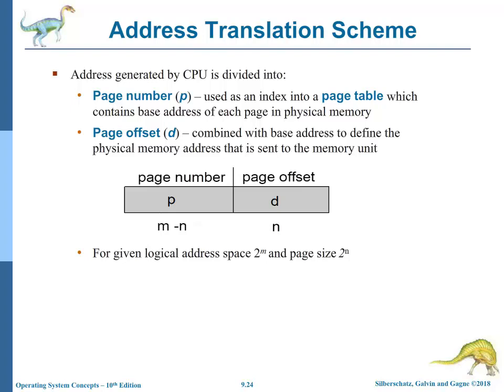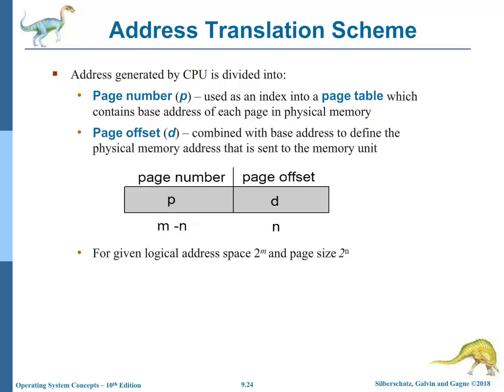A logical address consists of two parts: a page number in which the address resides, and an offset from the beginning of that page. The number of bits in the page number limits how many pages a single process can address. The number of bits in the offset determines the maximum size of each page, and it should correspond to the system frame size.